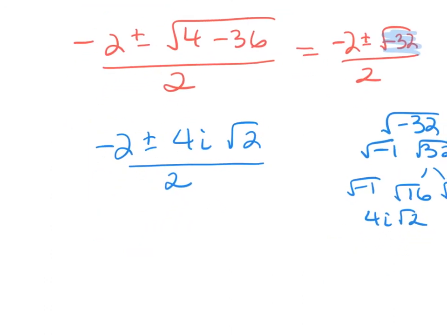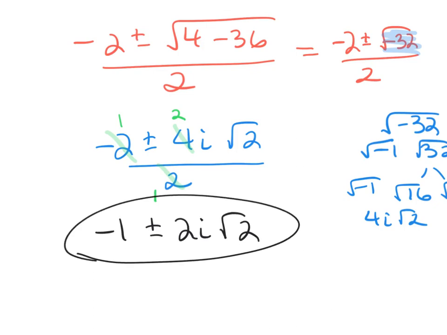And then you just simplify. Change these to 1s and change this to a 2. So negative 1 plus or minus 2i radical 2. So that's the only thing different when you go to do the 1.5b. That was one of the examples for tomorrow.